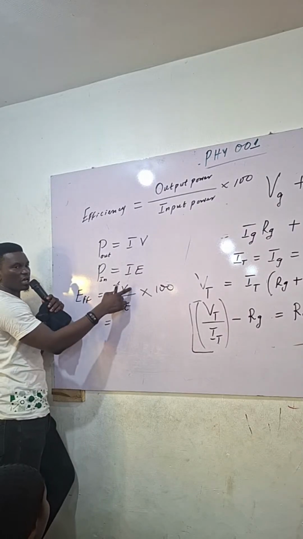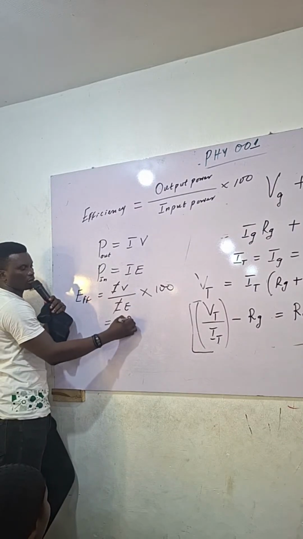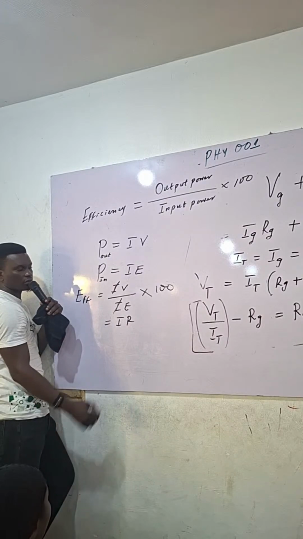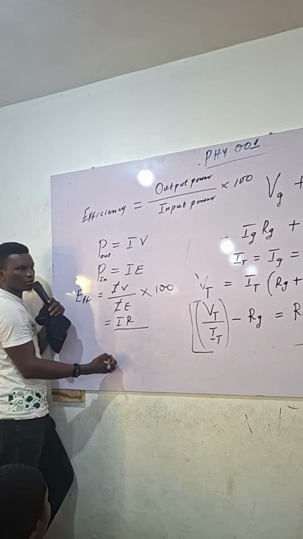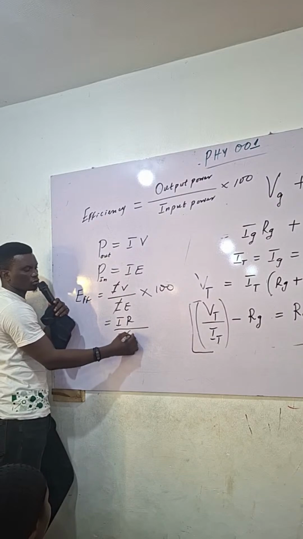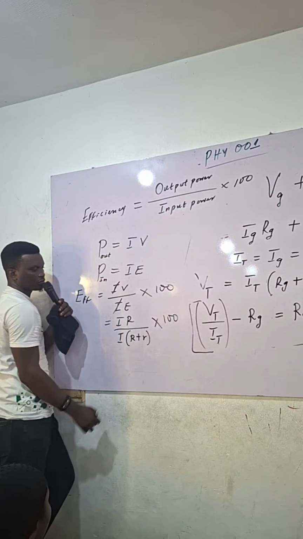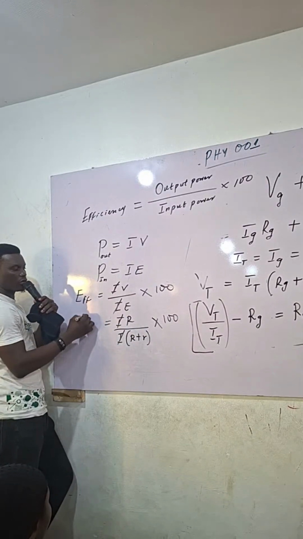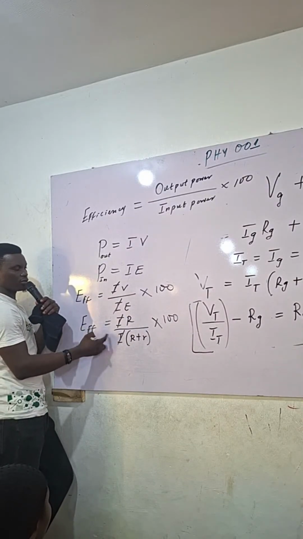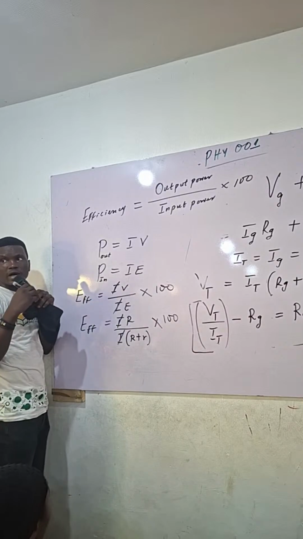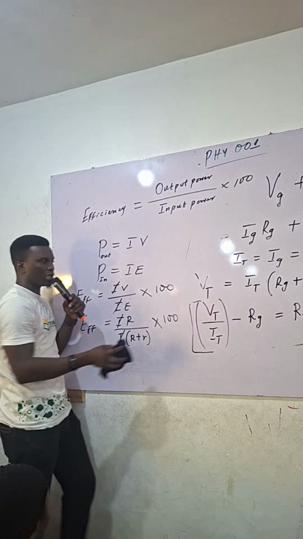And what is my V? Do you agree? What is my E? E equals I into R plus r, that is I(R + r). So I and I cancel. Then efficiency is going to be capital R over R plus r, times 100.